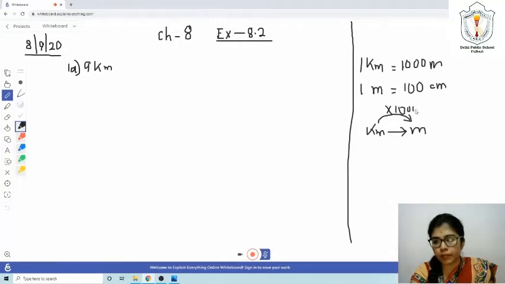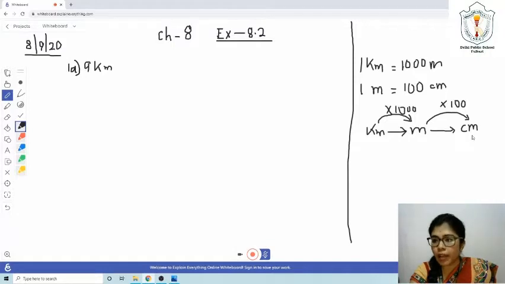Remember this conversion. When we go from kilometer to meter, we always multiply by 1000. And when we go from meter to centimeter, we multiply by 100. This is an easy way.